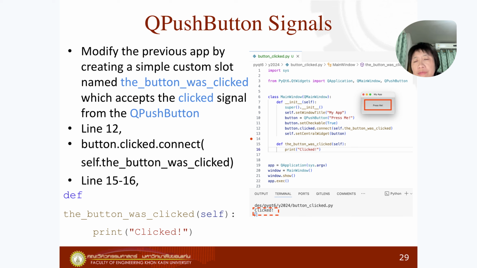Here, the slot is the function, and that function is the button was clicked. So when the button is clicked, the button was clicked function is executed, and that's why we see the message click on the console when we click the button.